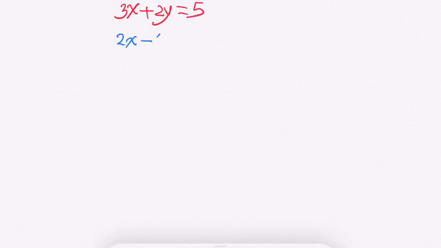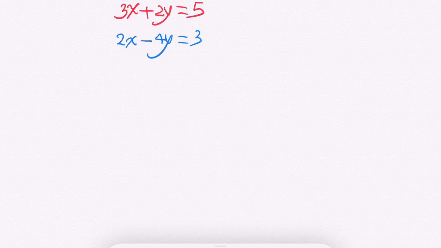The next method to solve a system of equations is elimination. I'm going to explain that with one example like this. 3x plus 2y equals 5, 2x minus 4y equals 3. To use the elimination method, you have to make the same coefficient of one variable.